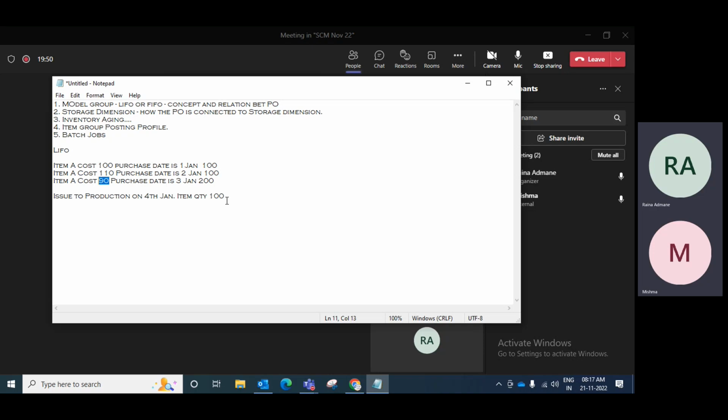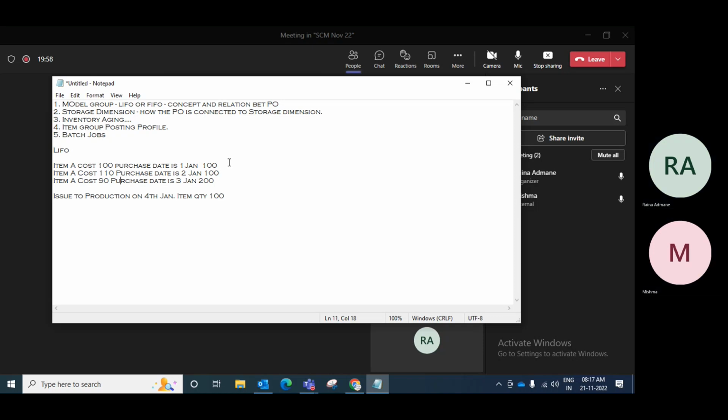When you say last in first out, so this is last in. You are issuing that, so it should be first out. This is in transaction, this is out transaction. Purchase is purchase, issue to production means sales actually. You are giving out from warehouse. Conceptually this is clear or correct.